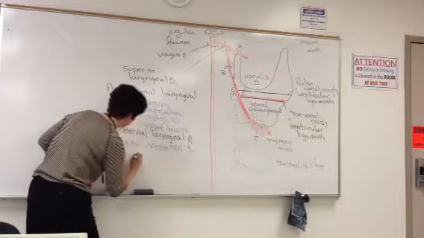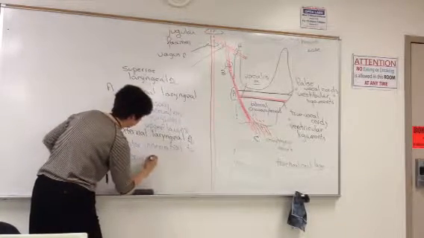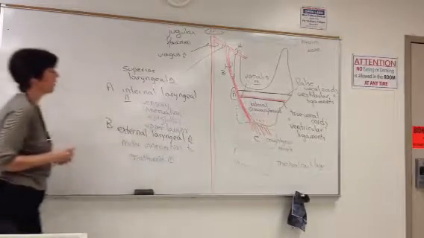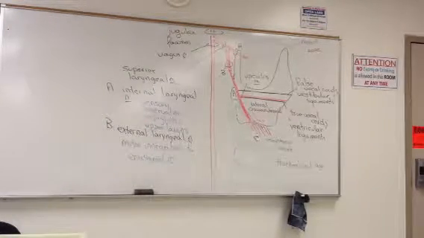Okay, so wait a minute. That leaves us with the sensory innervation of the lower portion of the larynx. So if we go back to this image, internal laryngeal nerve does sensory innervation to all of this area.